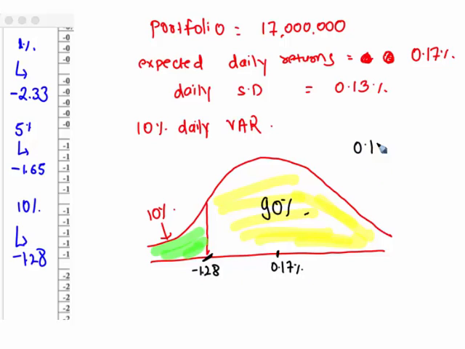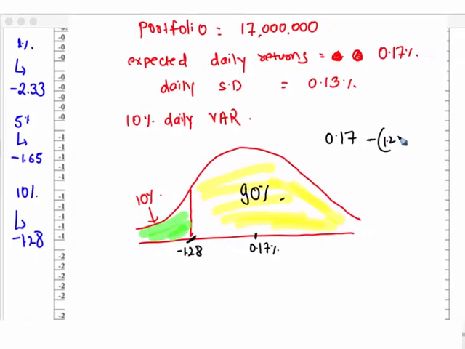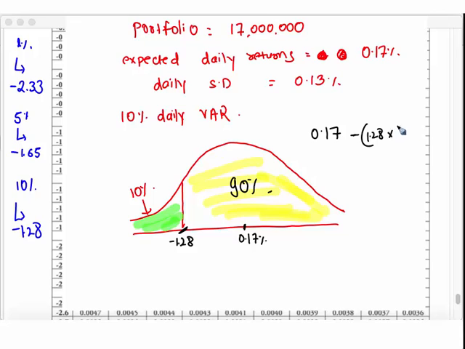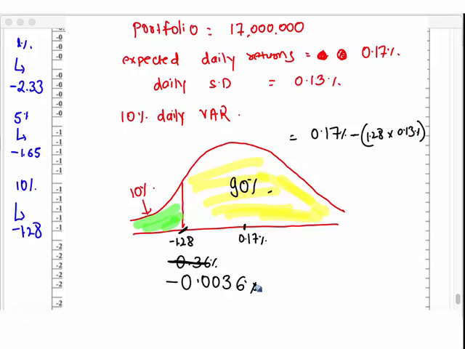That would be 0.17 minus 1.28 into, make sure you do the calculation in percentage here, 0.13 percentage, minus 0.0036%. That's your VaR in percentage. And if you want an amount, then multiply that with 17 million. So in dollars, that would be 61,200.